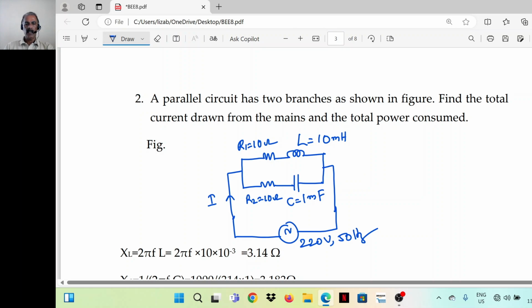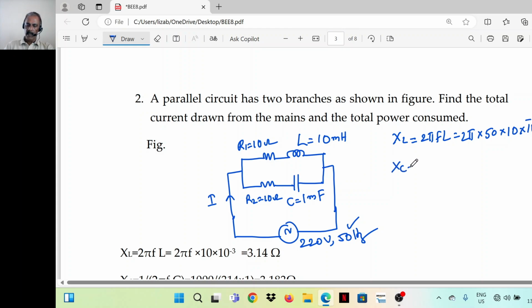To find the currents, first we have to find the reactance values. Inductive reactance XL is equal to omega L, which is 2 pi F L, that is 2 pi into 50 Hertz into 10 millihenry, 10 into 10 to the power of minus 3.